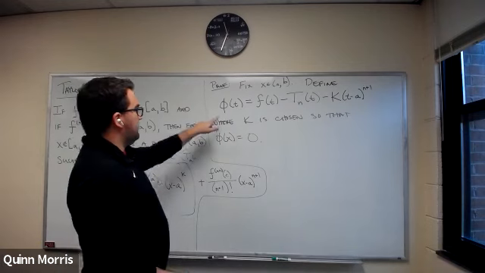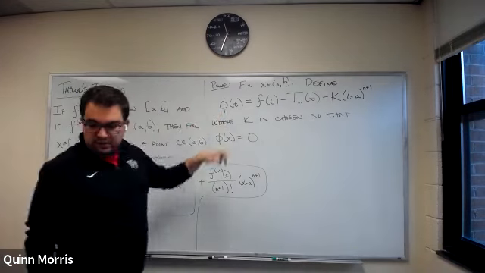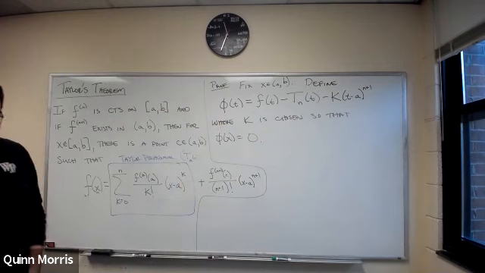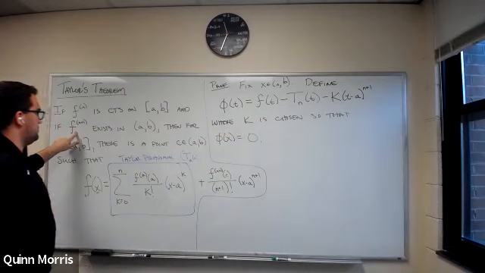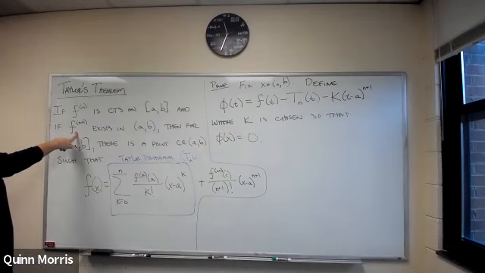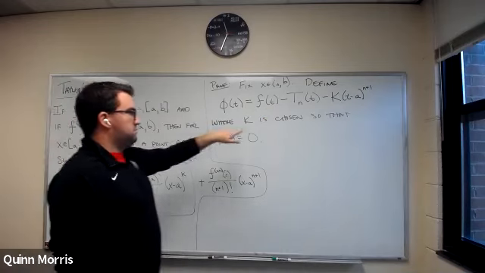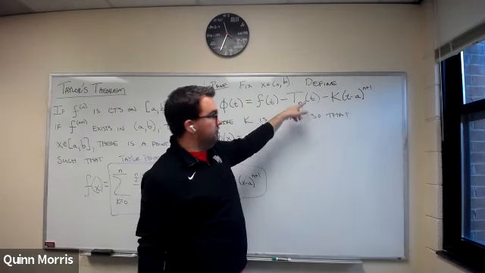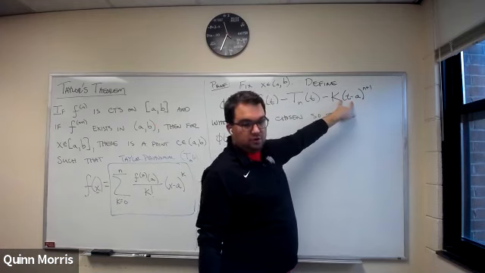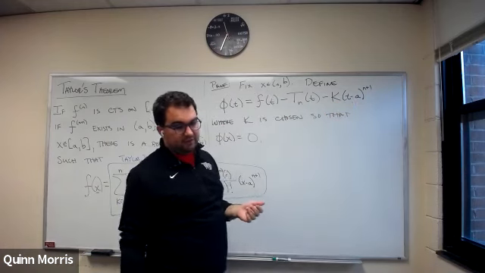Now I can note that this function phi is n plus 1 times differentiable. Why is that? Well, I know that f, by assumption, is n plus 1 times differentiable. T sub n is a polynomial, so it's infinitely differentiable. And this is also a polynomial, so it's infinitely differentiable.